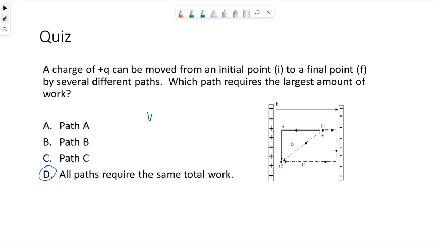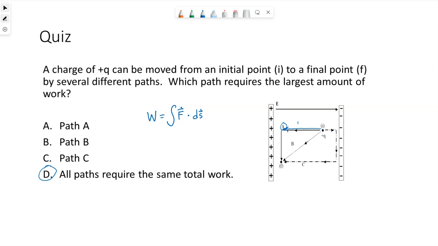So work is the integral of the force with respect to displacement. Dot product means we only care about the component of the electric force parallel to the motion. So for path A, for example, here the work would be negative, but we're just looking at magnitude.